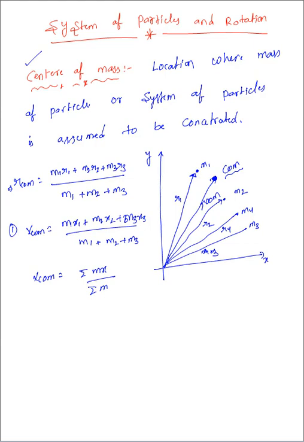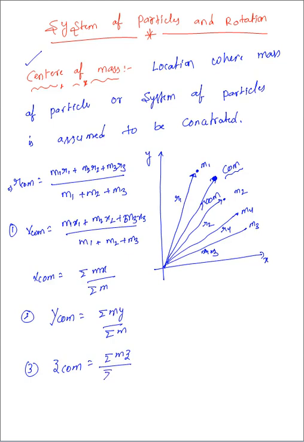Next, YCOM equals sigma my divided by sigma m. ZCOM equals sigma mz divided by sigma m.